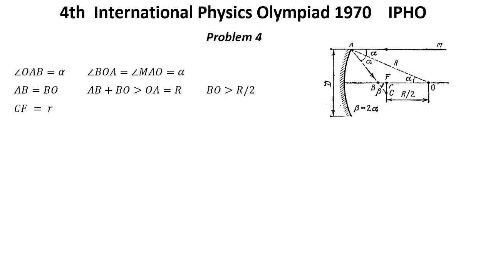From the triangle BFC, we can write that r equal BF multiplied by tangent beta, which is equal to BF multiplied by tangent 2 alpha, where alpha is the maximum angle of incidence of the extreme ray onto the mirror, while sine alpha equal d over 2R.